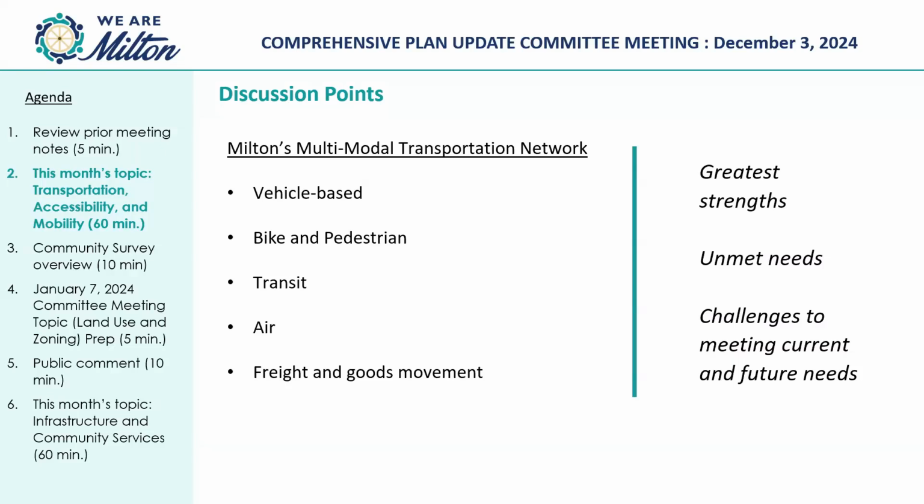You need to do a build-out analysis, so you need to say, given the zoning, how much you could get of all of these spaces, then do a technical trip generation. Like Chris said, you have to do a traffic study for the whole town, basically, once it's built out.